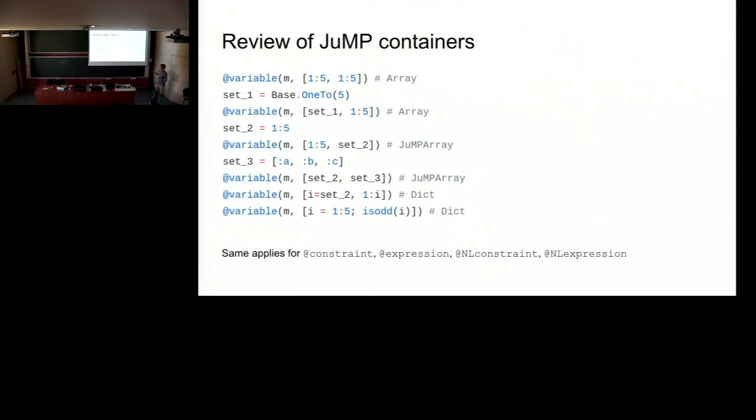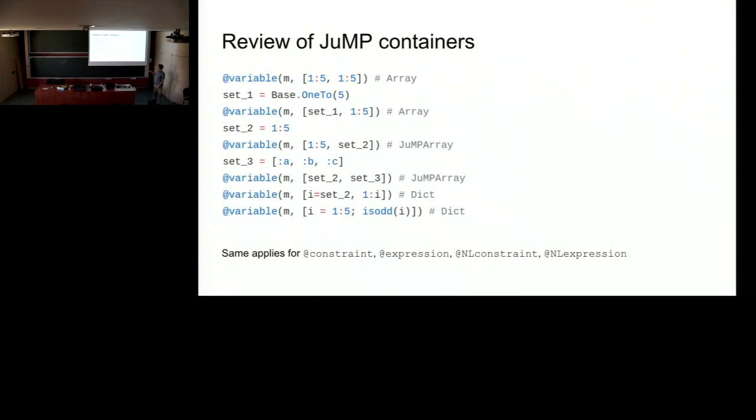Finally, if your index set is not a Cartesian product, so if you want to index over I from 1 to 5, and then the second coordinate would be 1 to I, you can write that down and we will just return a dictionary indexed by those tuples of possible values.